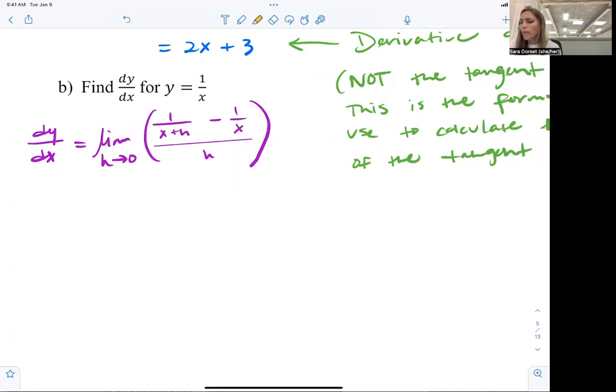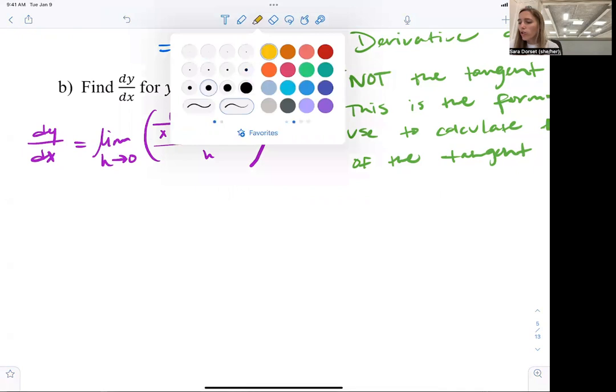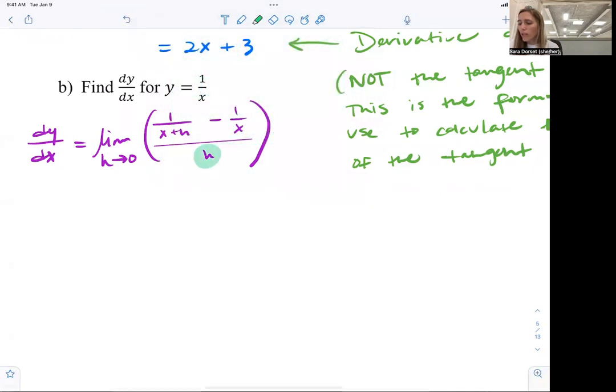Indeterminate form. Okay, so which strategy are we going to use to get that h to cancel? Not retcon, we're not rationalizing. Yeah, we want to get rid of those complex fractions. I call this the LCM over LCM because you're thinking about the least common multiple of the denominators of the complex fractions.